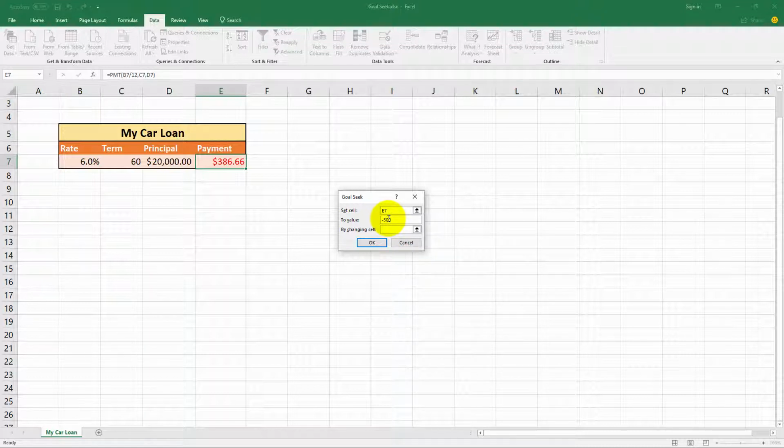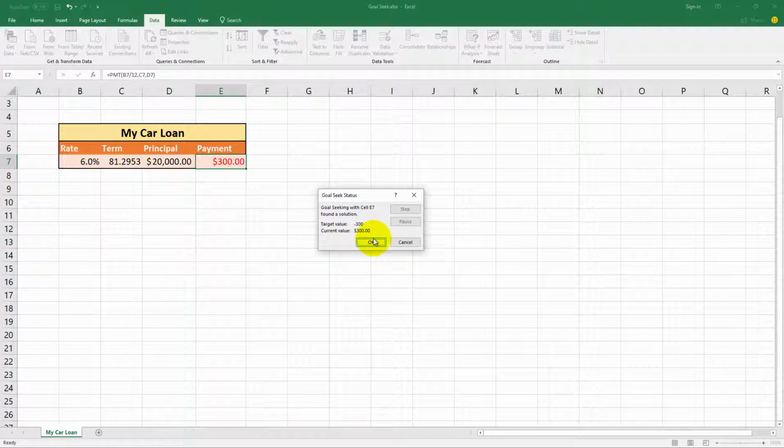It is minus because it is money we give to the bank. And the cell we want to change is the number of monthly payments, cell C7. We press OK, and the result is a bit more than 81 months.